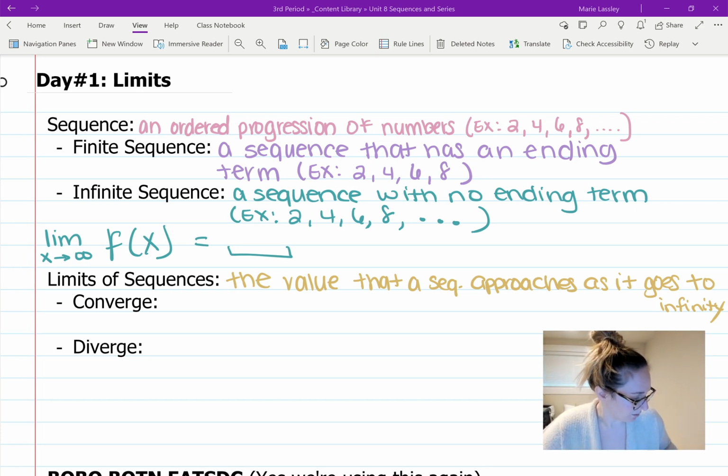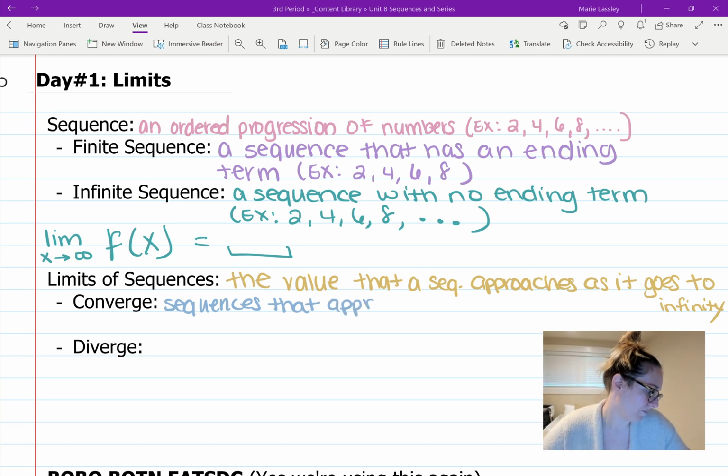So let's write converge. These are sequences that approach a unique value. The limit exists.